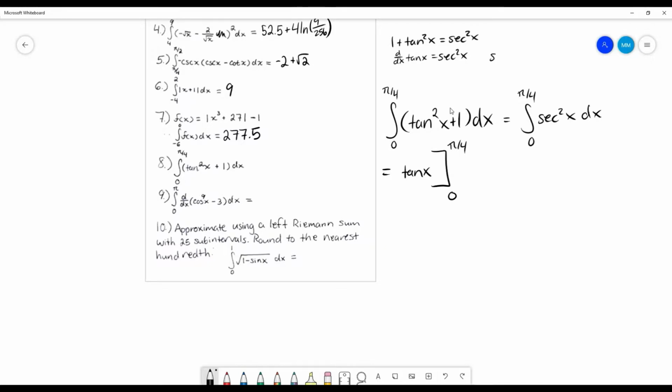Remember that tangent is sine over cosine. So that's going to be sine of pi over 4 over cosine of pi over 4 minus sine of 0 over cosine of 0. This is going to be 1, and this is going to be 0. So our answer is just 1.